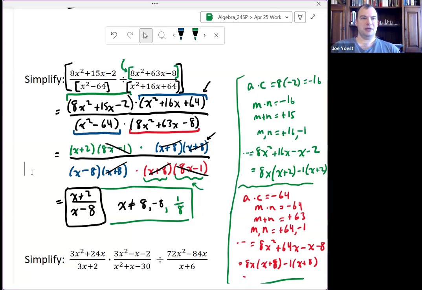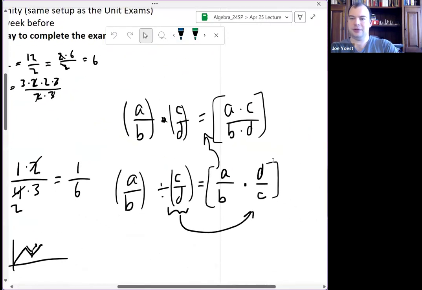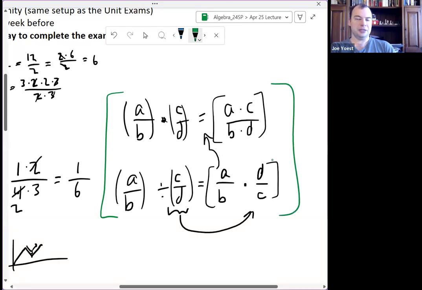If you feel good about factoring, if you're like, yeah, chapter 7 went great, but you're a little confused, then maybe look at some of the other things, like how are you with your fraction properties? Are these properties kind of like second nature to you?